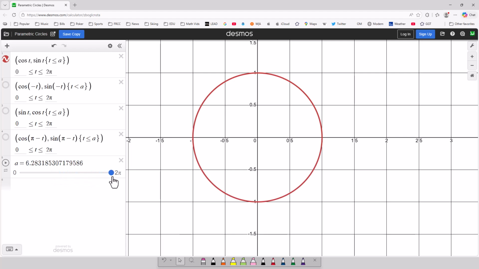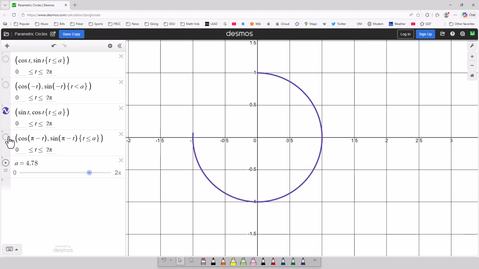And 2 pi is going to give us 1 full circle. Here's the second one we did. This one also starts at 1, 0, but it's going to go clockwise. So that's when we replace t with negative t. So that, in this case, just changed the orientation, but the start point was the same. Here's the third one we did, where we started at the North Pole and went clockwise.